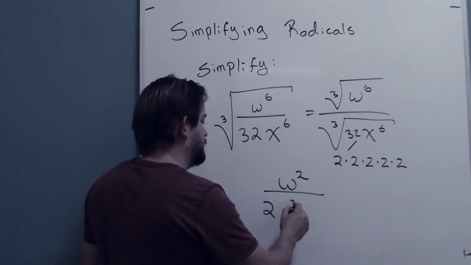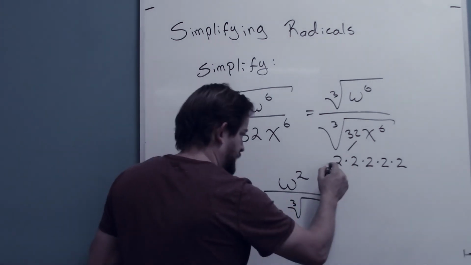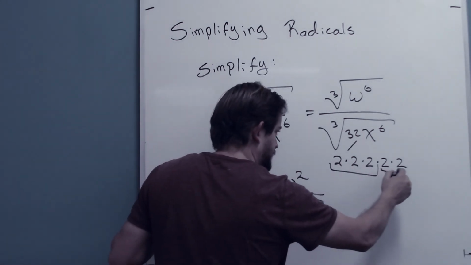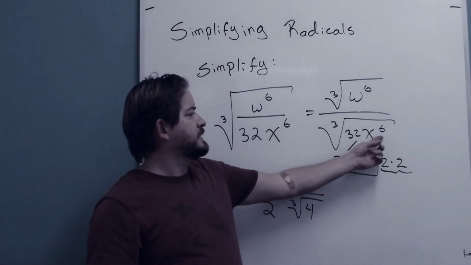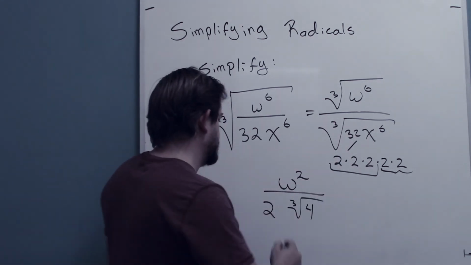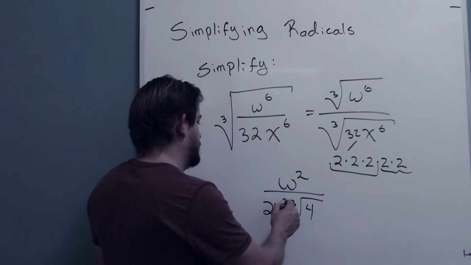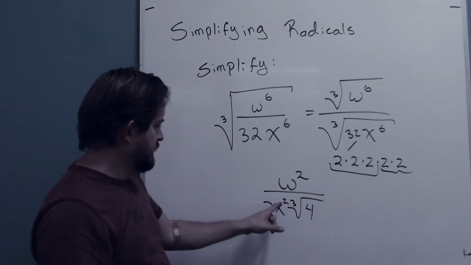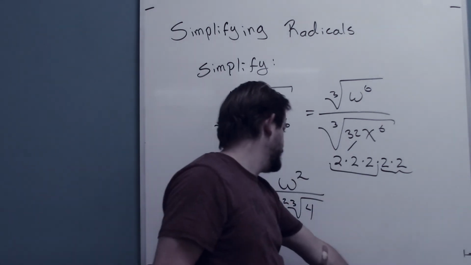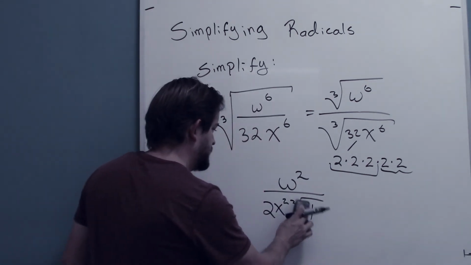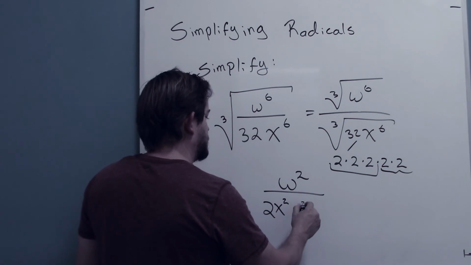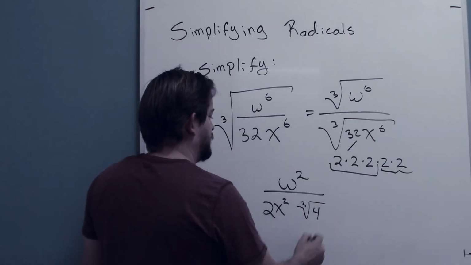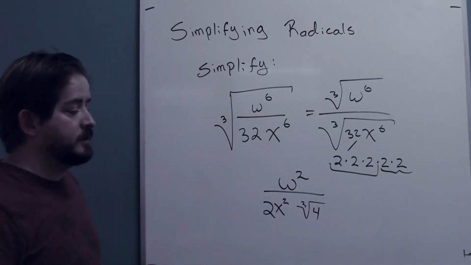But I pulled out 3, so I have to leave these, so that's a 4 under my cube root. But x to the 6th is again 2 groups of 3, so that's x squared. And I'm done, right? Be careful here, that looks like a 23. Let me push this over a little. 2x squared times the cube root of 4, and that's as good as I can get this one.